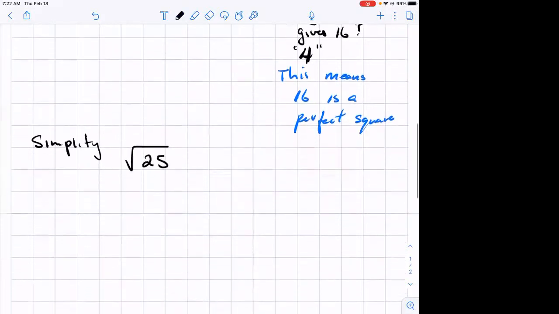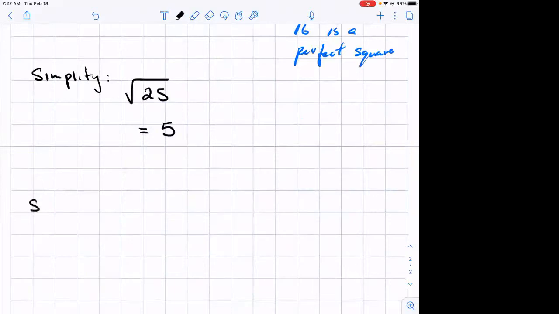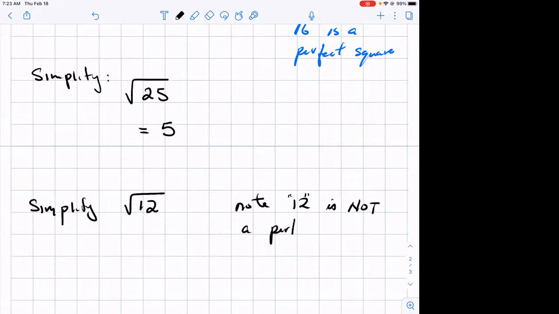Because 5 times 5 is equal to 25, then we say 25 is a perfect square. But if we have something such as 12, there is no number that when multiplied by itself gives 12. So if we are asked to simplify the square root of 12, note 12 is not a perfect square.